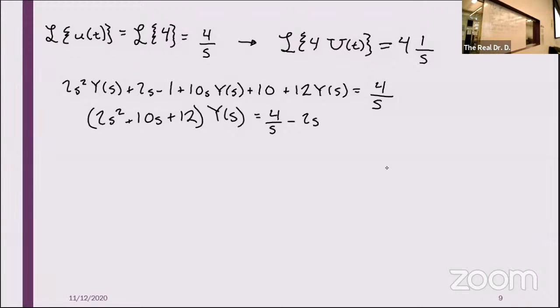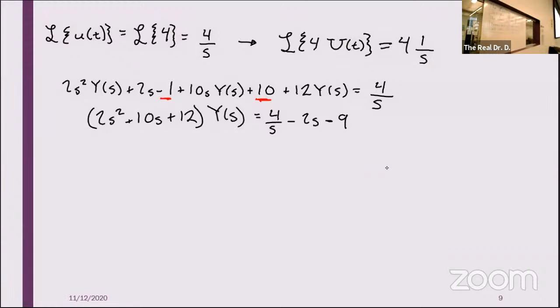Then I've got negative 1 plus 10, so that's going to be minus 9. The part on the left kind of looks like the characteristic equation, doesn't it? It does.